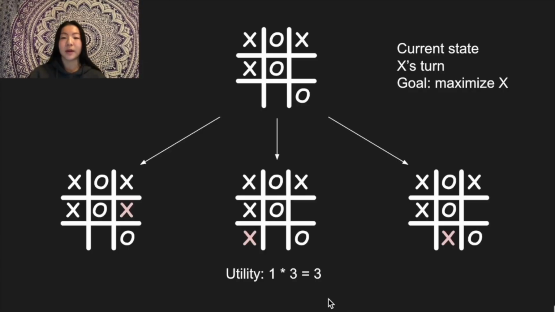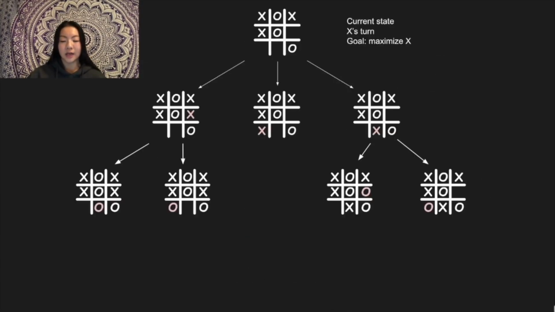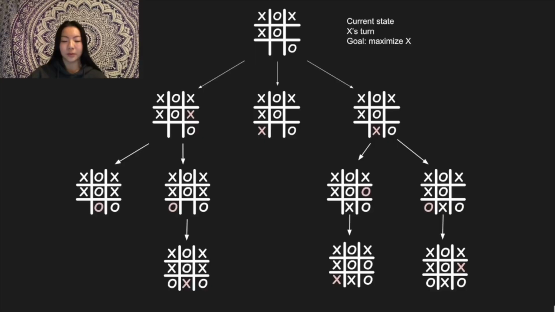So moving on from there, we want to map out all of the possible scenarios of gameplay. So continuing this tree, we have this layer and then this layer until the board is filled or until somebody has won. Now let's add the utility function for all of these. Since O won on the left, we're going to do -1 times 1 + 1, since there's 1 square left, which gives us -2.